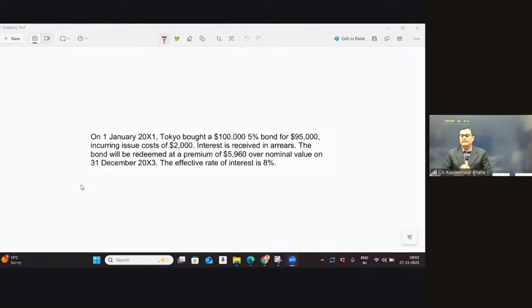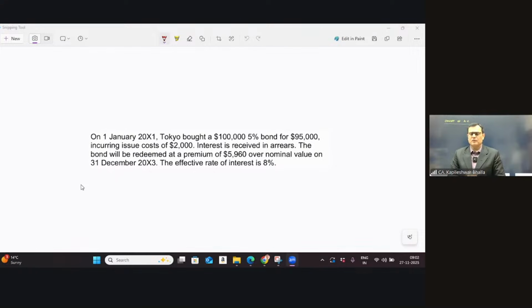If you look at the deal, it says on 1st January, Tokyo bought a 1 lakh 5% bond for 95,000, incurring an issue cost of 2,000. The interest is received in arrears and the bonds are redeemed at a premium of 5,960 over the face value on December X3.